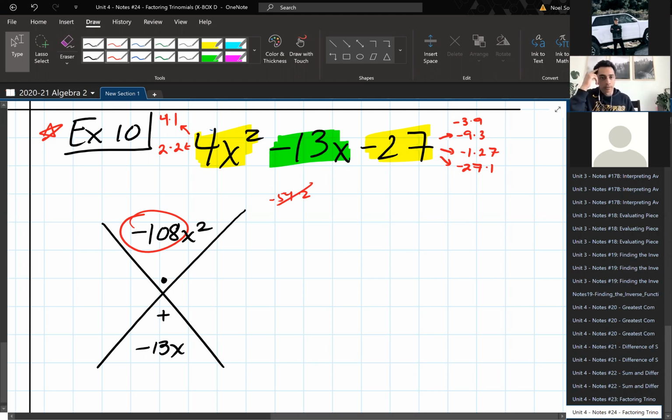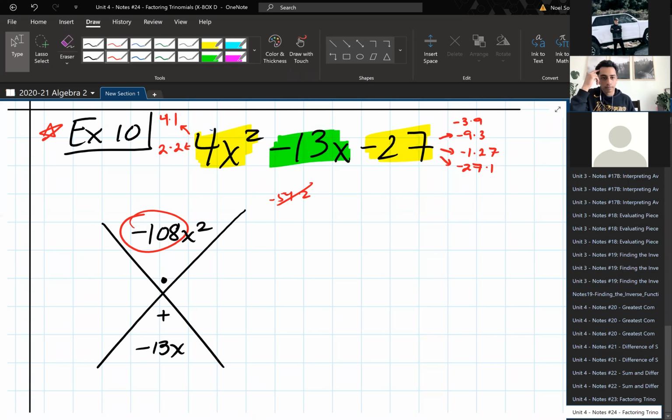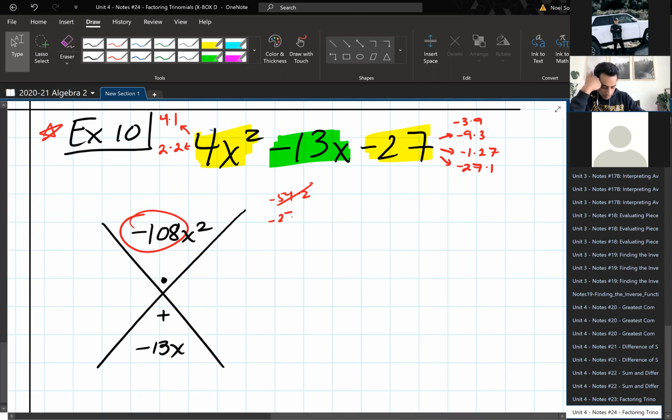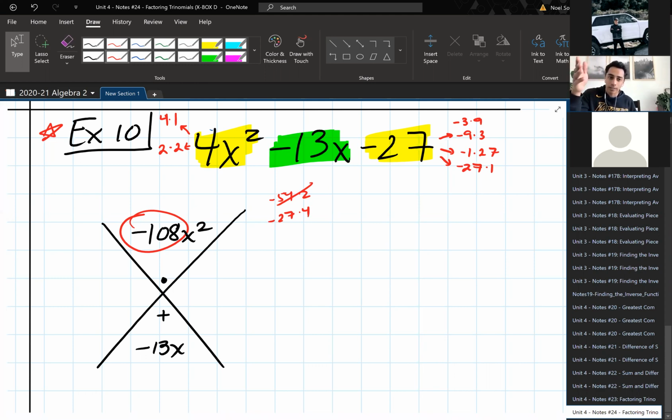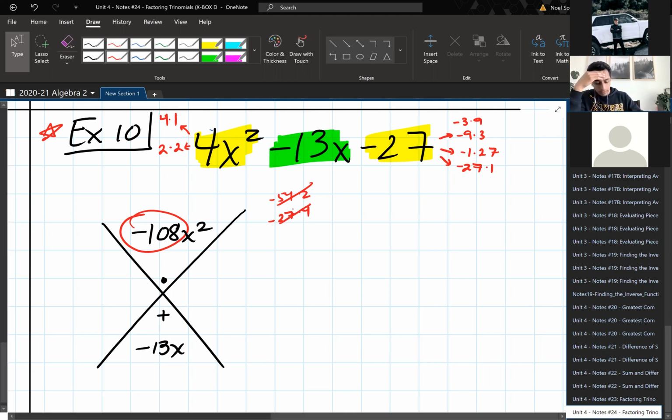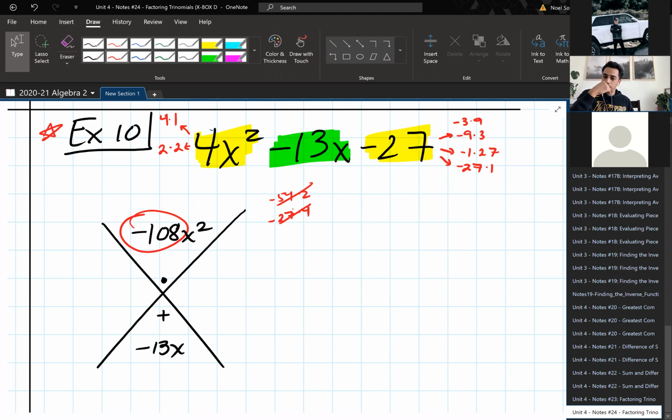What else might work? Numbers that are within the realm of possibility. Yeah, maybe negative 27 times 4. Again, too far apart, right? Negative 27 and 4, the gap is like 23, not 13. That's not going to work. Negative 18 and 6, does that work?